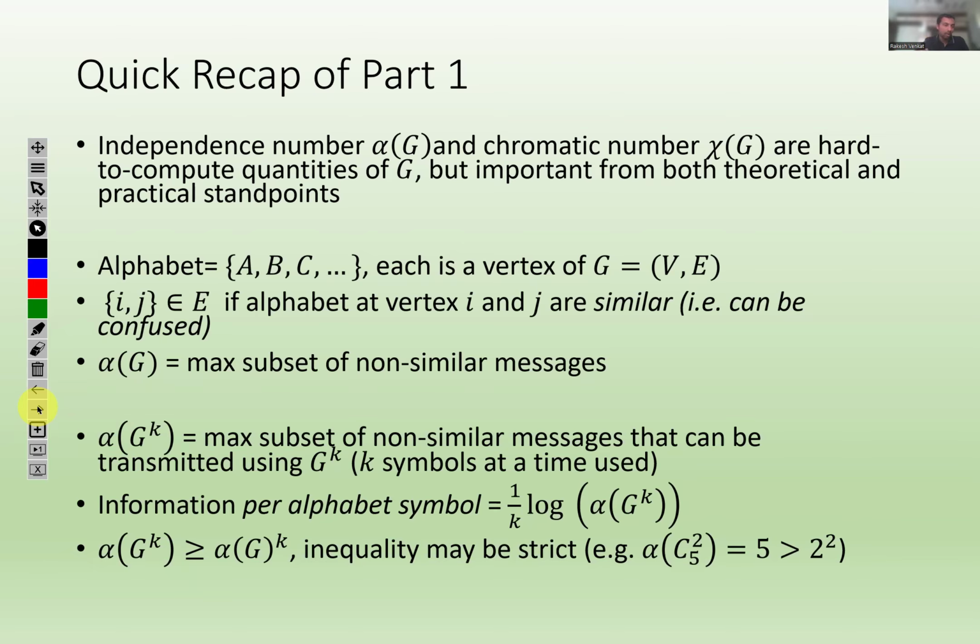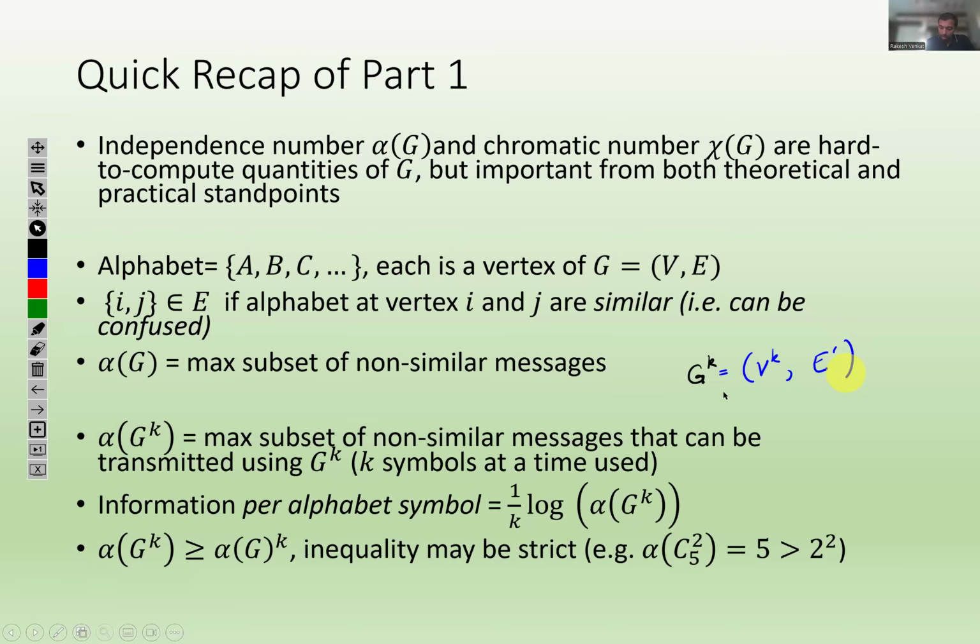So we had then gone one step further and asked: suppose you are allowed k uses of the channel. Instead of G, you consider G to the power k, whose vertices are V to the power k.